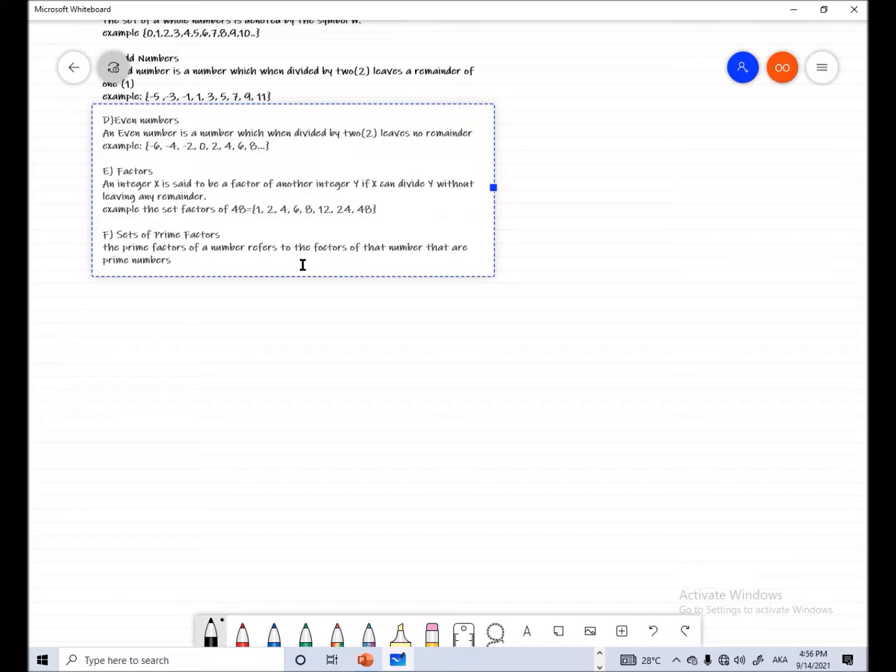Okay, so let's set an example. Factors of 36. Let's look at factors so that you get it.